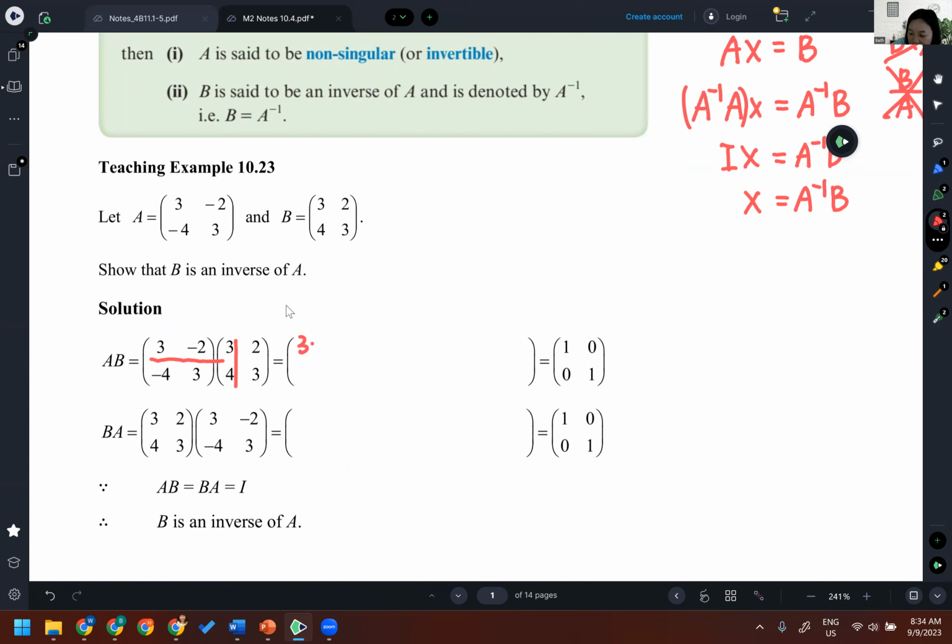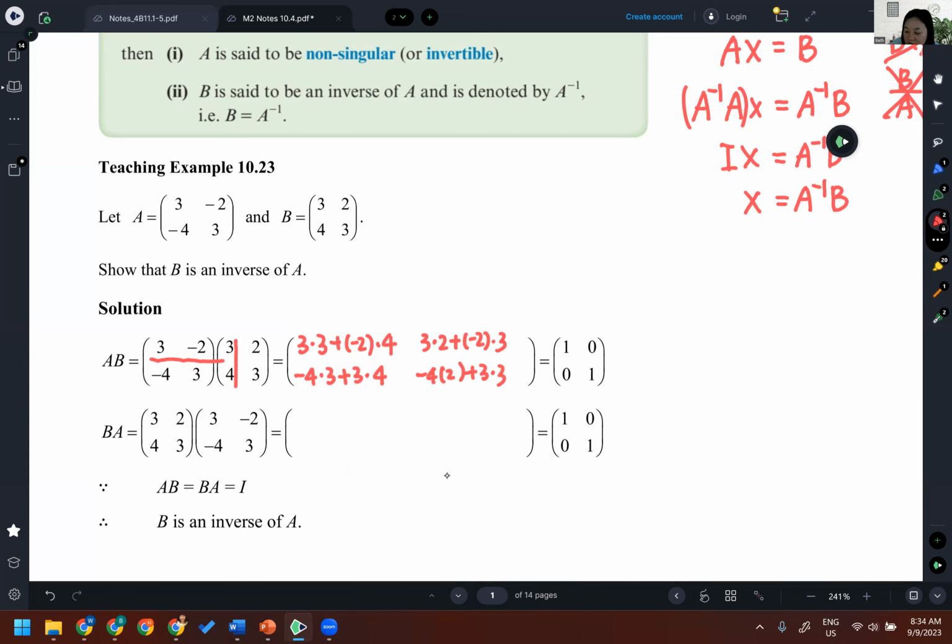Remember, 3 times 3 plus negative 2 times 4. This one is negative 4 times 3 plus 3 times 4. This one is 3 times 2 plus negative 2 times 3. This one is negative 4 times 2 plus 3 times 3. And it's equal to the identity.